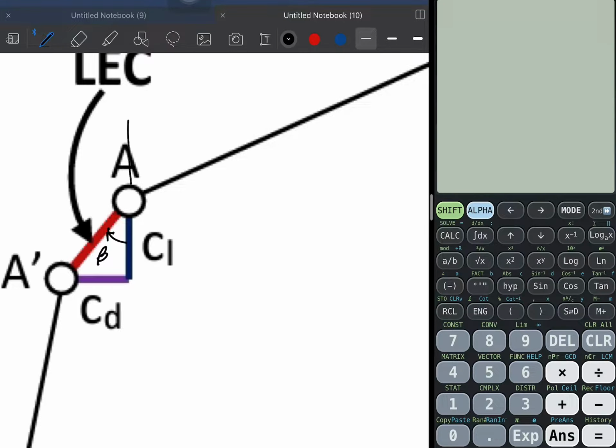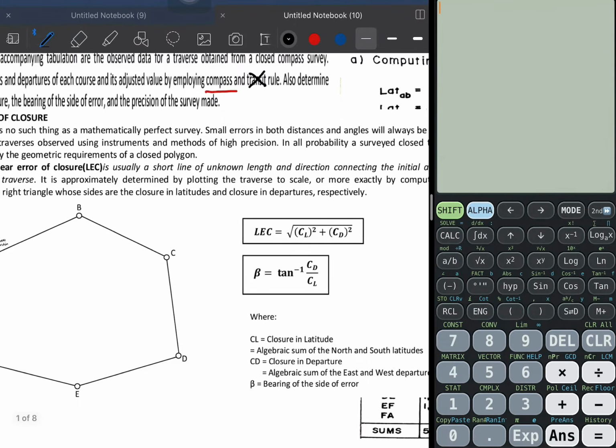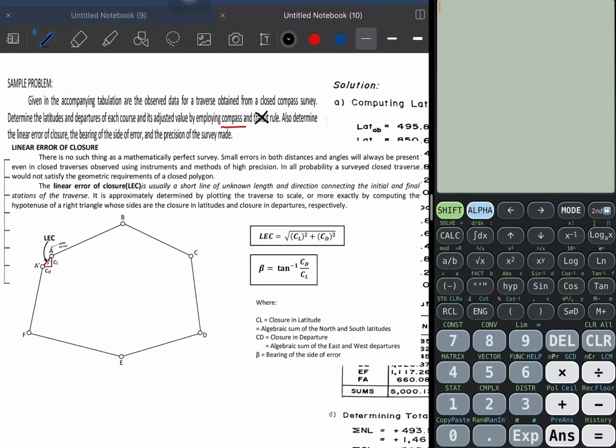So usually the angle starts from the reference meridian. Okay? So that is the formulas for the LEC and the angle theta. Okay? Or angle beta.